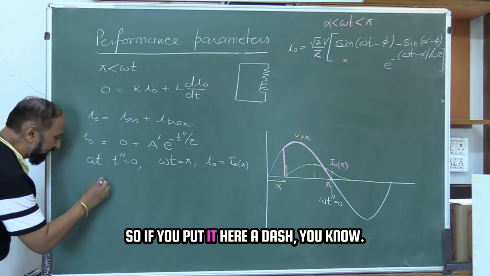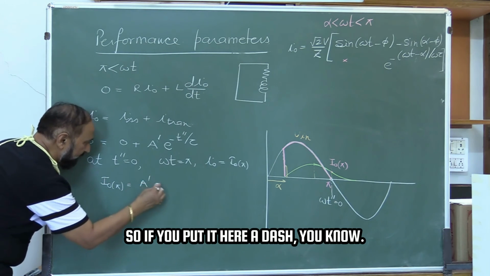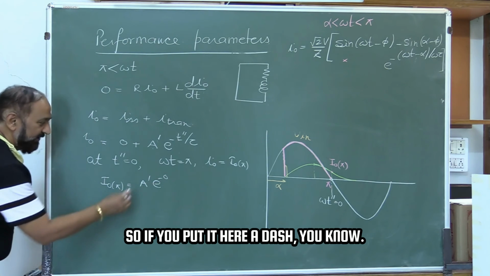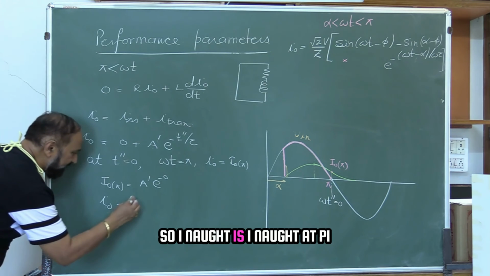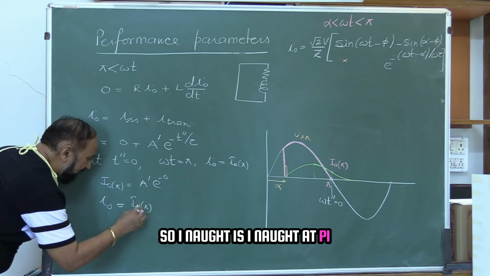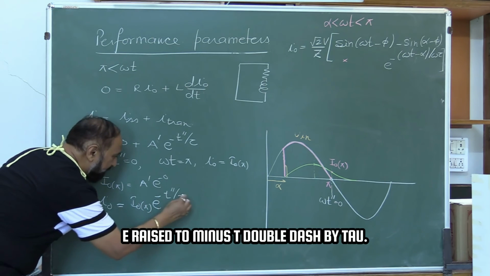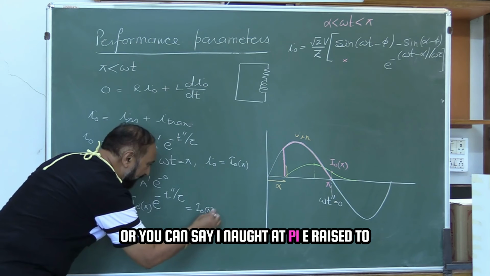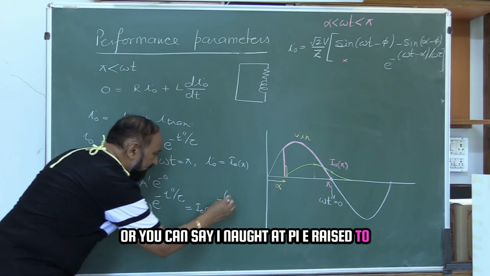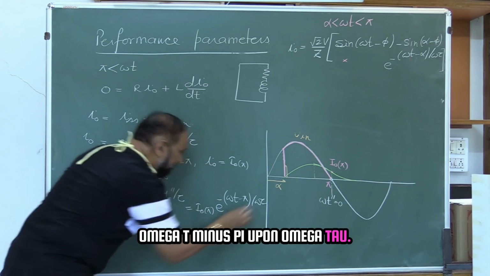So if you put it here, A dash is I naught at pi, so the current is I naught at pi e raised to minus t double dash by tau, or you can say I naught at pi e raised to minus (omega t minus pi) upon omega tau.